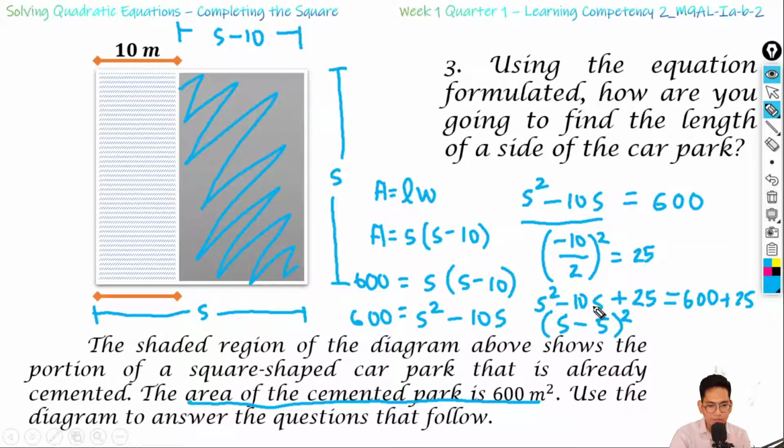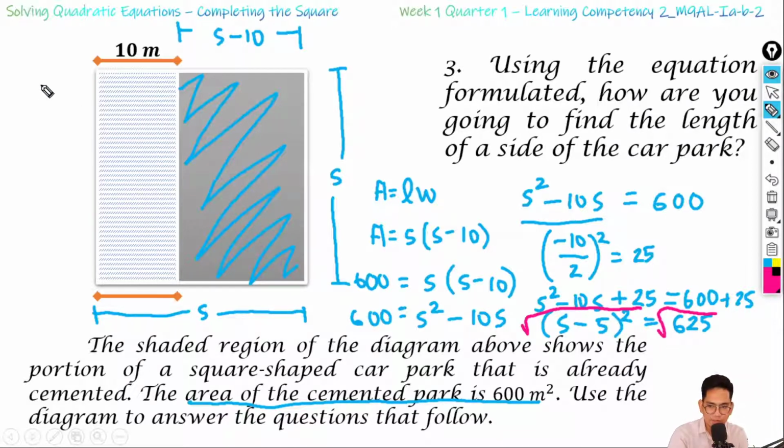So remember that perfect square trinomials can be written as square of binomial is equal to 625. And let me have the continuation of solution here. Our next step here is to use the first method that we have discussed, which is the square root method. We get the square root of this and then square root of 625.